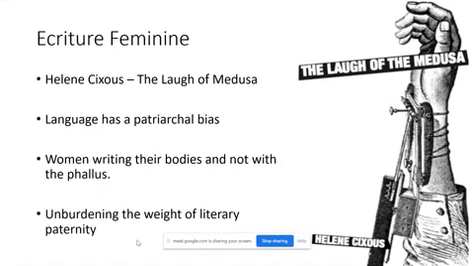She argued, how could women writers feel comfortable expressing themselves in an alien tongue? So she urged women writers to write their bodies, not write with their bodies, but write their bodies. Now, where does she get this idea from?